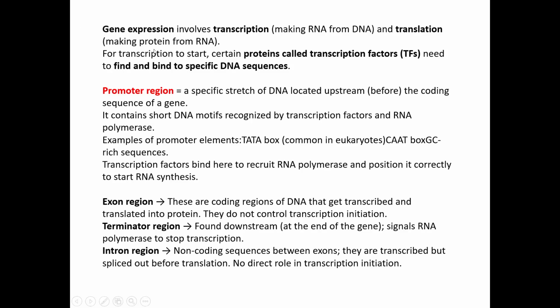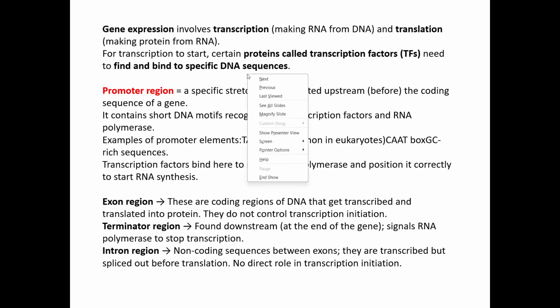So coming to the first topic, it is regarding the regions in a gene. Gene expression involves transcription, that is formation of RNA from DNA, and then translation, that is protein from RNA. This is the basic dogma. For transcription to start, certain proteins called transcription factors need to bind to specific sequences on the DNA.